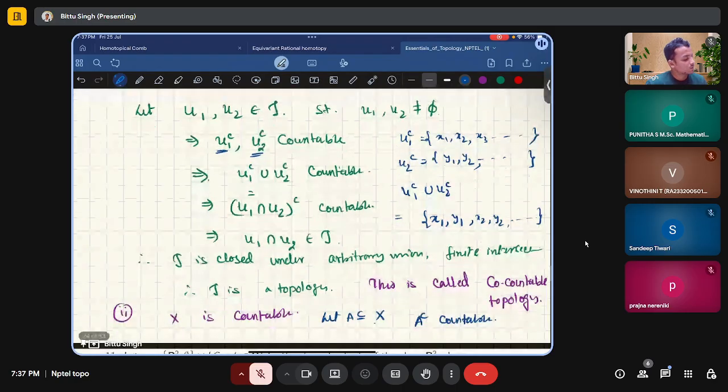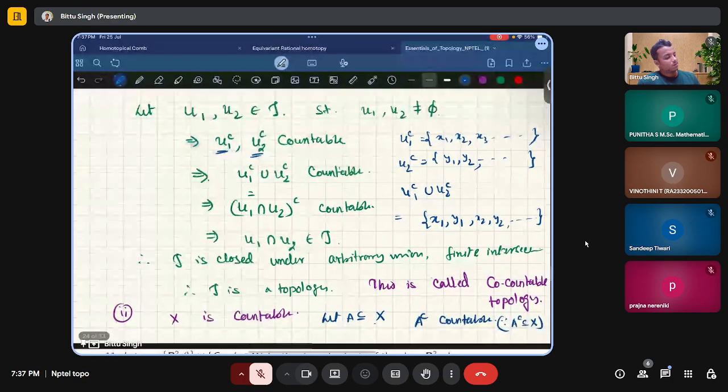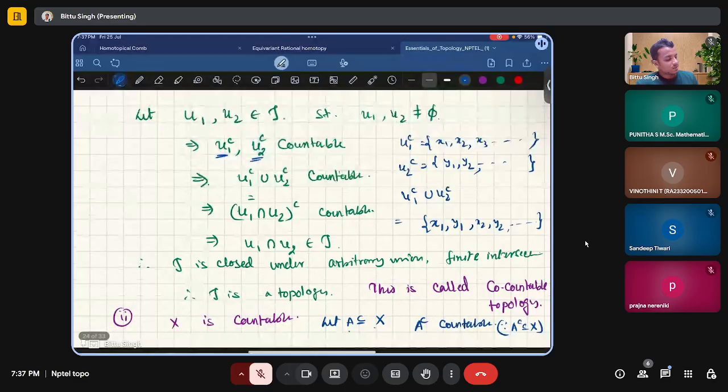Since a complement is a subset of x, therefore from here it is clear that, again we are assuming a is non-empty. If a is empty, there is no issue. So since a complement is countable, that implies a belongs to the topological space. Therefore, every subset belongs to tau.